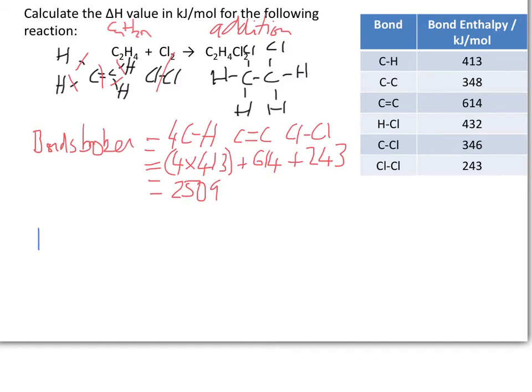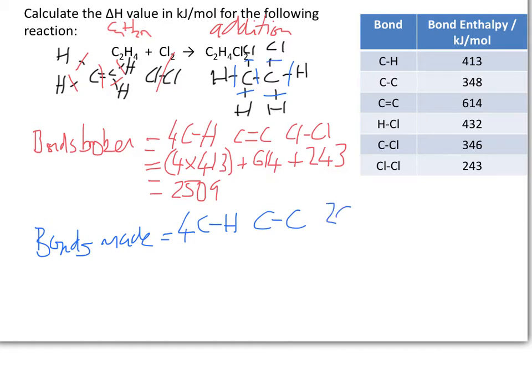Let's work out what the bonds are made. So bonds made. Well, let's look at what we're making. We're making 4 CH bonds, 1 CC bond, and we're making 2 CCl bonds. Don't forget the CC bond.